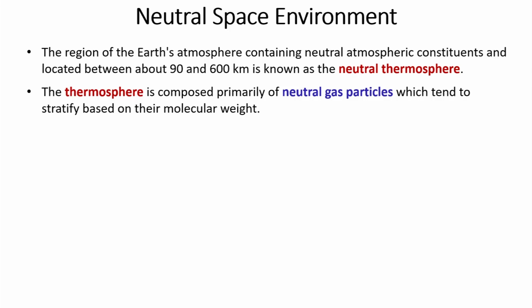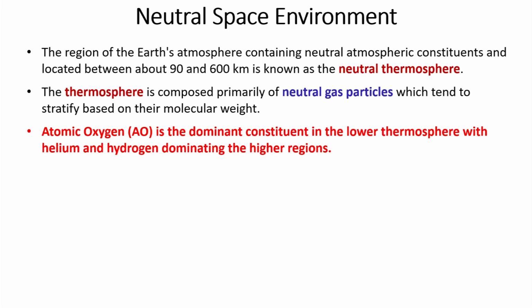The lighter the molecules or atoms, the higher the altitude they can reach. As you go higher and higher in altitude, the density of the particles goes down. We will see that atomic oxygen is the dominant constituent in the lower thermosphere, and helium and hydrogen, being lighter, dominate the higher regions.